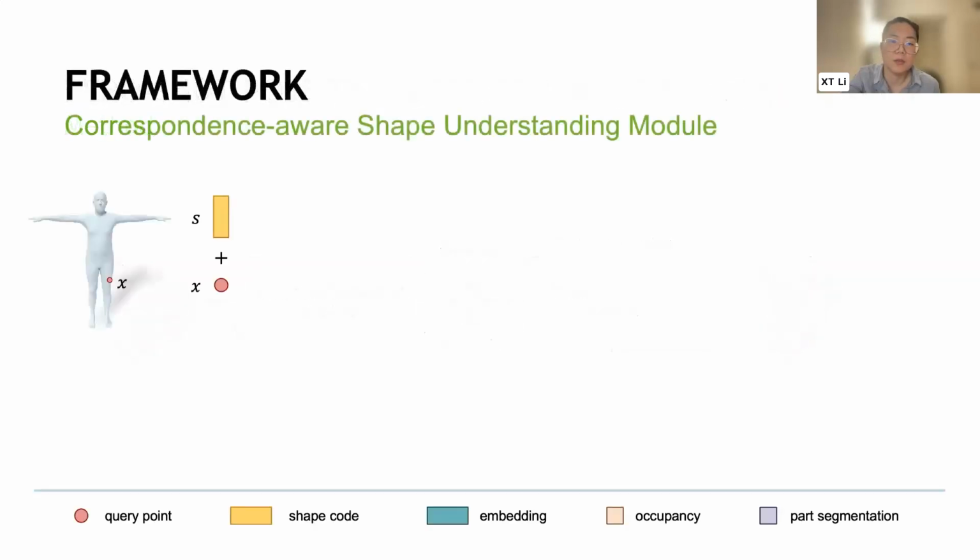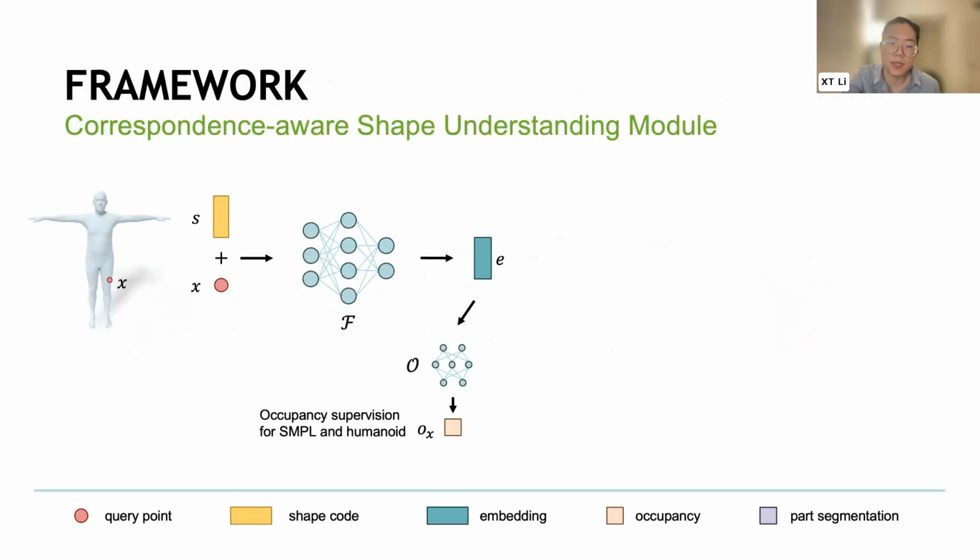The shape understanding module encodes the shape information of a given character into a shape code. It takes the shape code and a querying point as input, and then learns a network to map their concatenation to an embedding. From the embedding, we can predict the occupancy and part segmentation of the query point.